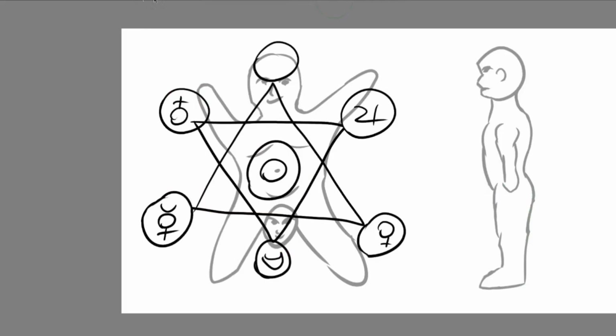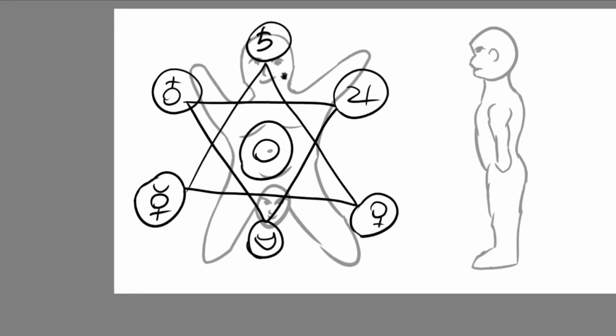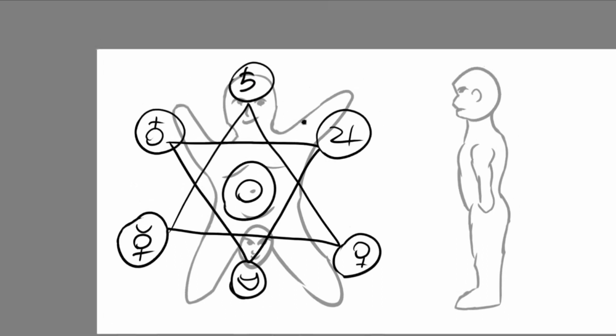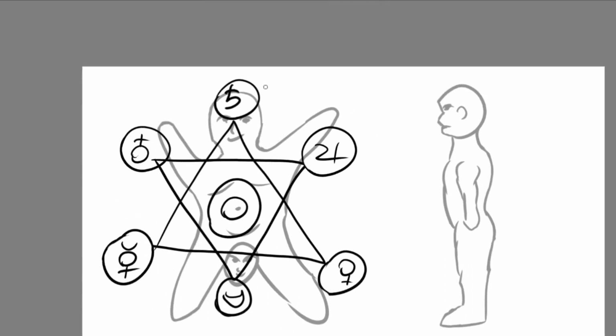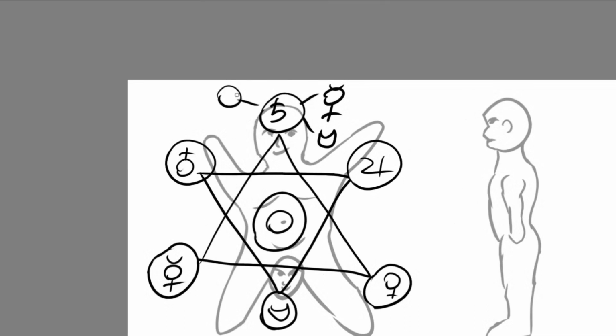And then up the top we have Saturn, which sometimes can be represented as the mind, or it could be represented as the root. In fact, for other things here, we could have Mercury as the mind, we could also have the moon, and we could also have the sun.